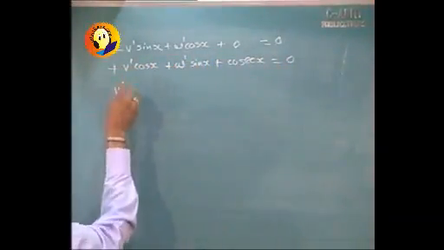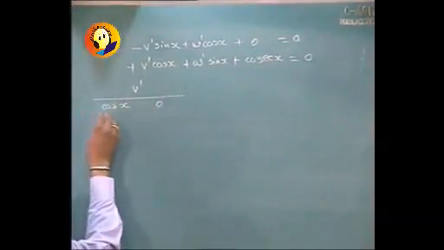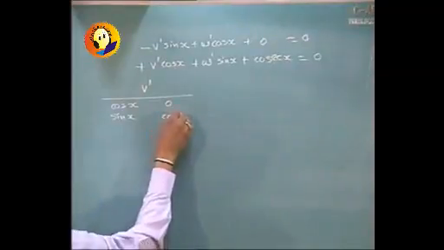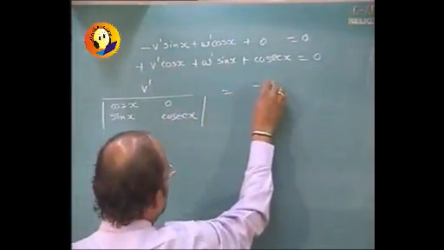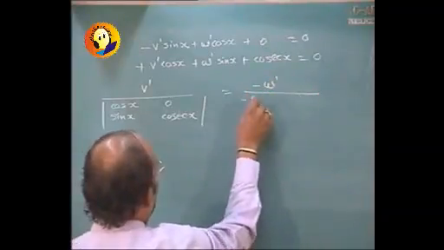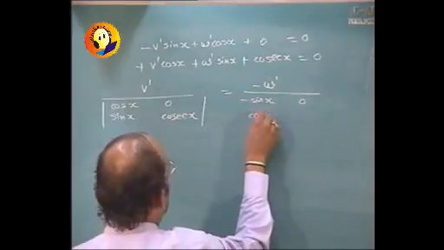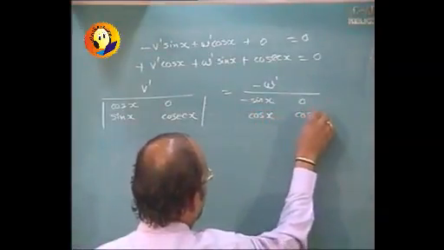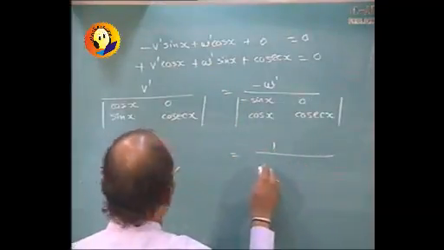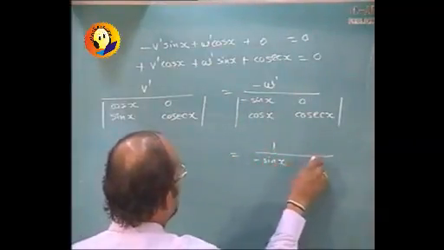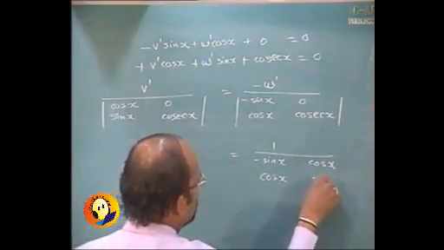So it will be v dash upon the determinant of cos x, 0, sin x, cosec x, equal to minus w dash upon the determinant of minus sin x, 0, cos x, cosec x, equal to 1 upon the determinant of minus sin x, cos x, sin x.